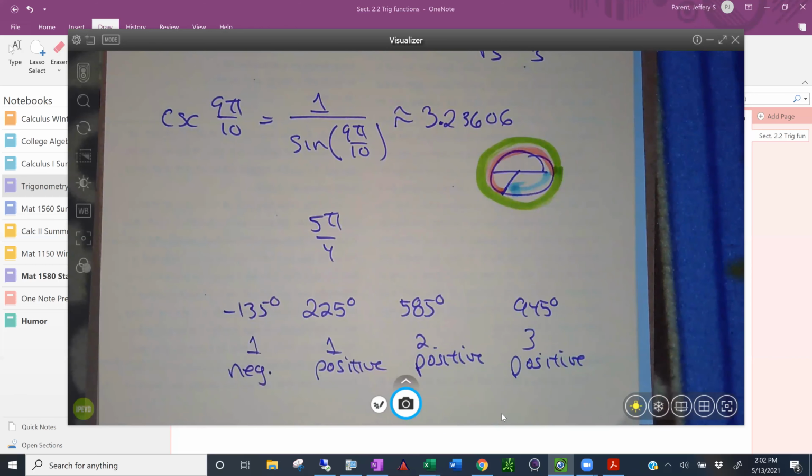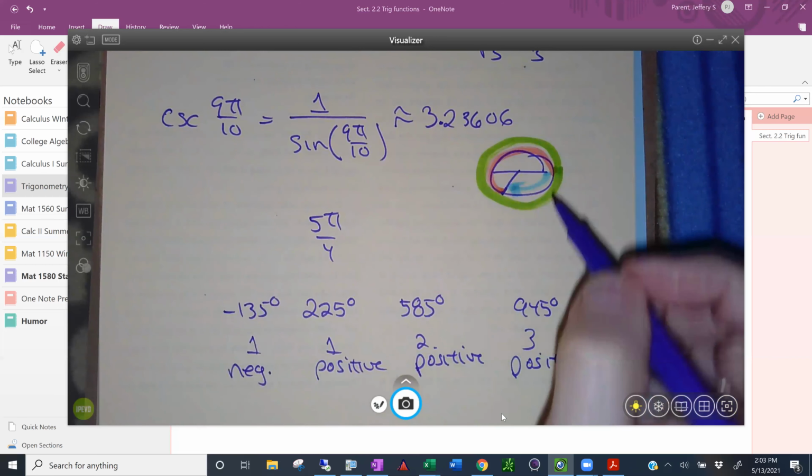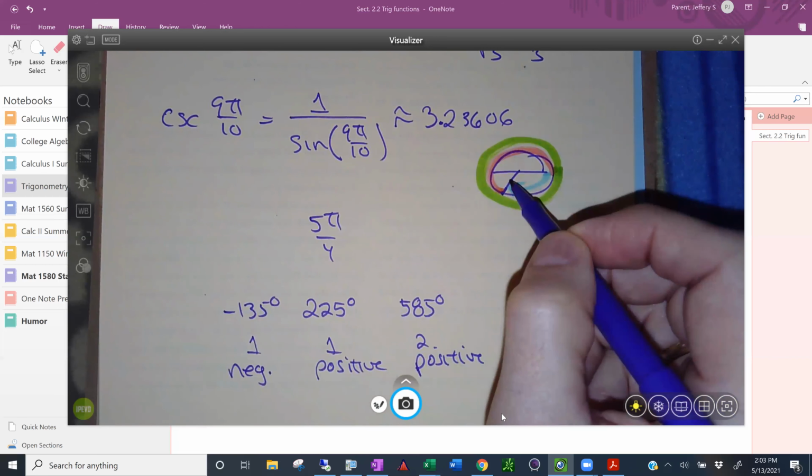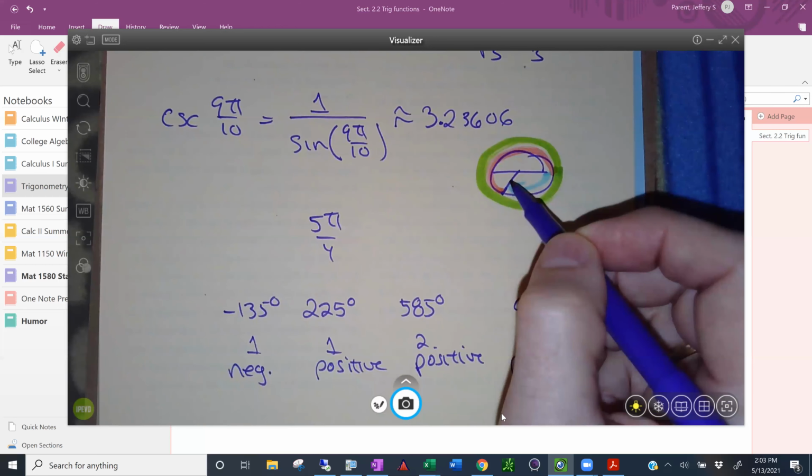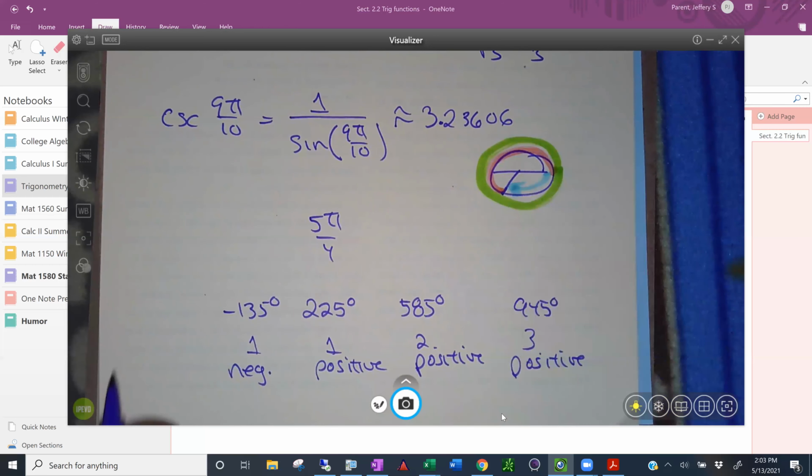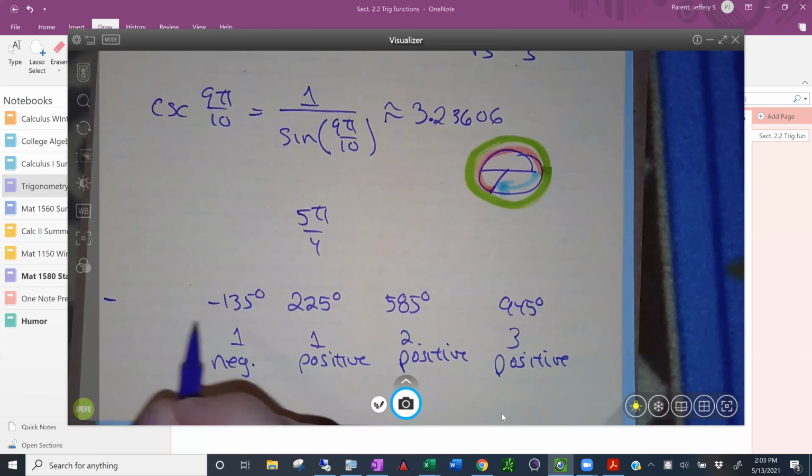I need another negative angle. So that means going here and then another 360 around there. What do you suppose that's going to be? Negative what? It'll be negative 495. Yes, you just take this and subtract another 360.